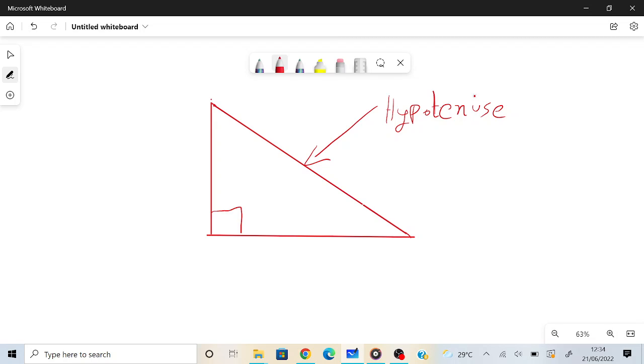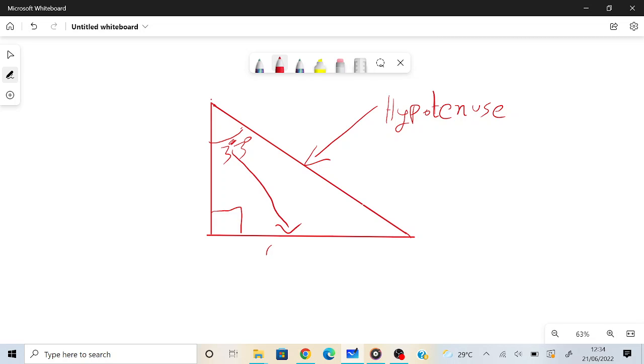Let's say the question gives you this angle and says this is 33 degrees. Now, this is just an assumption. It could be any number. When it gives you an angle like this, you should know that the side opposite of this angle is automatically known as the opposite. So in this case, here's your angle, and the side opposite to it is this side over here.